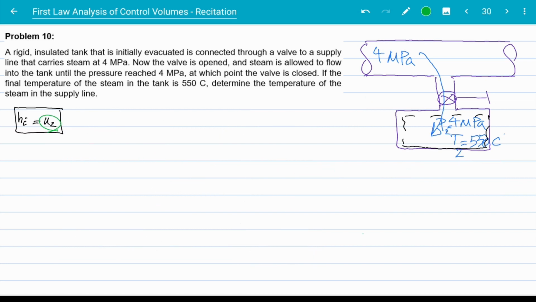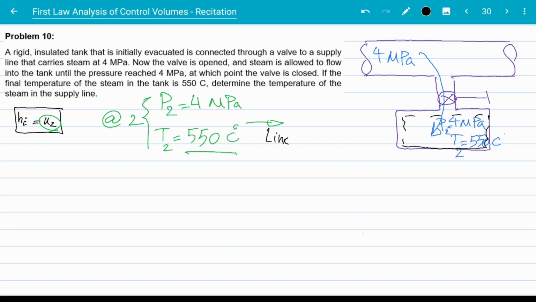So let's do that. At the final state, I know that my pressure is 4 megapascals. My temperature is 550 degrees Celsius. Looking at the tables, you will instantly notice that we are dealing with superheated steam. You will also notice that the temperature 550 is not provided in the tables.